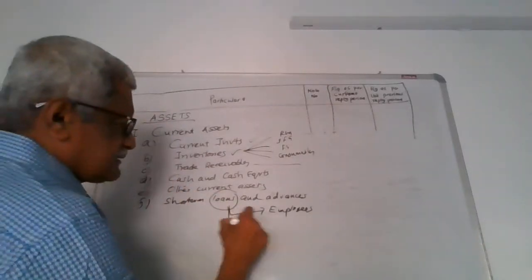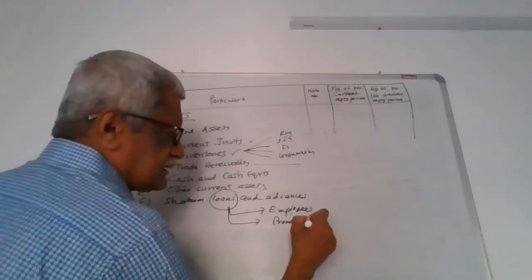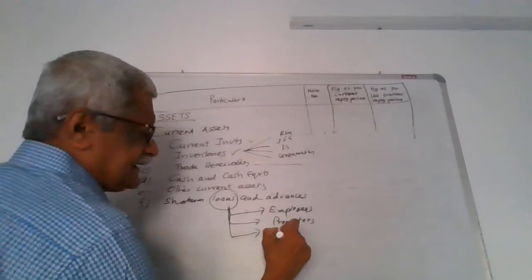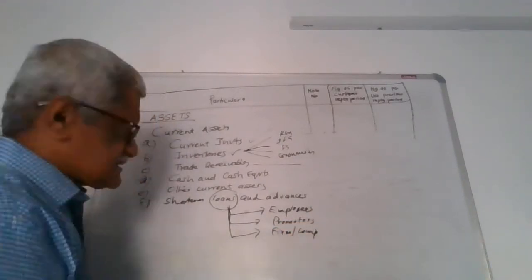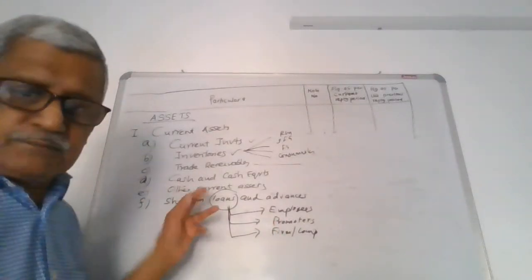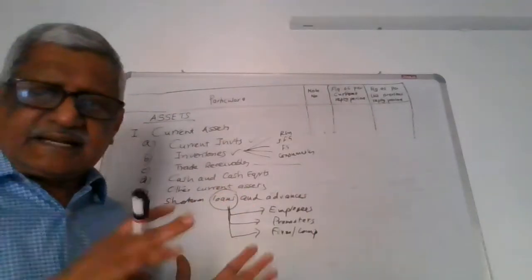Or the company is giving loans and advances to the promoters, to be recovered within the next 12 months. Or the company is giving a loan to any other firm or company in a group or otherwise. So they all come under the category of short-term loans, because it is recoverable within a period of 12 months from the date of balance sheet.